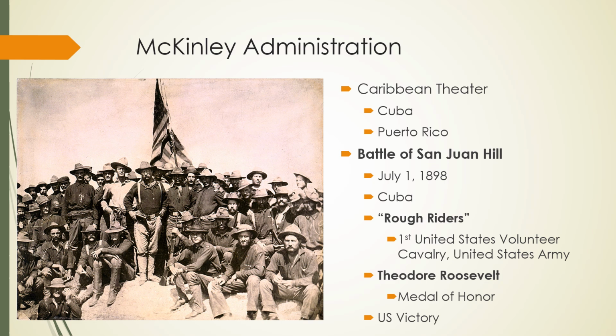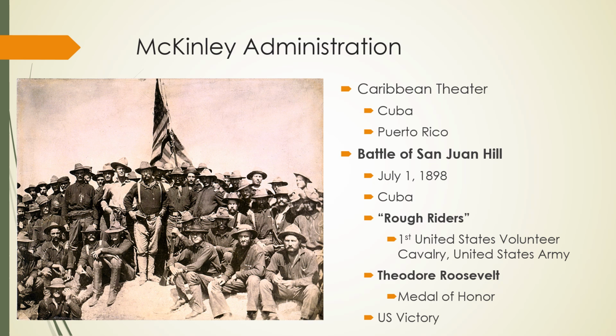But what he does is he ends up joining a regiment with a lot of other guys who are like himself, typically from rich families, outdoorsmen. They like to hunt, they like to camp, they like to ride. And so they create this thing called the Rough Riders.